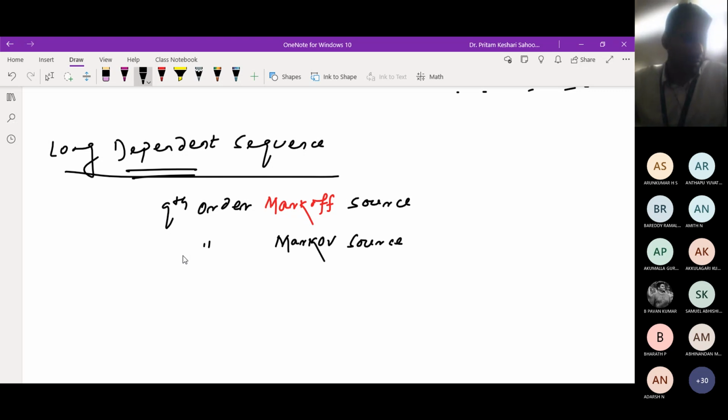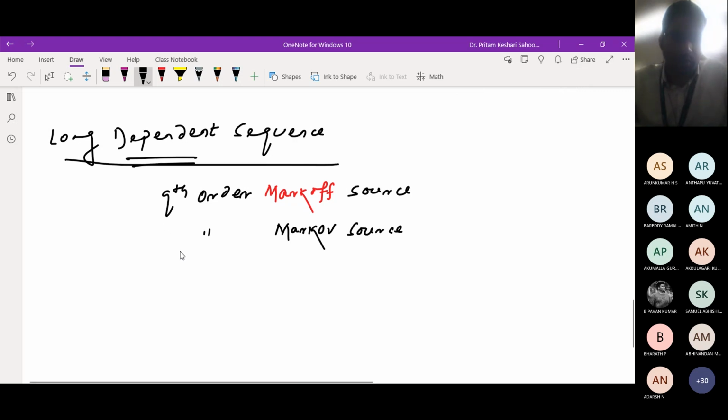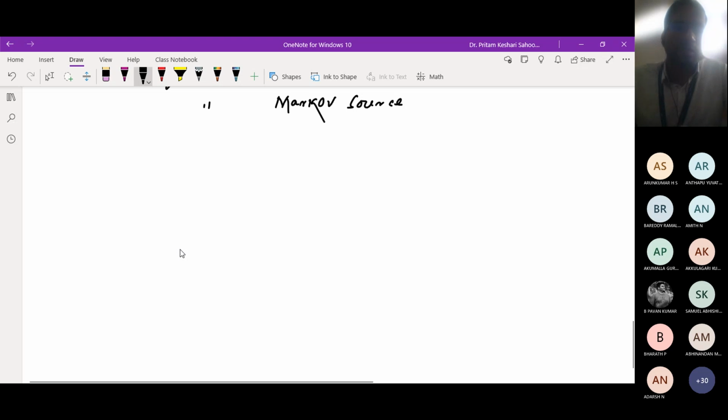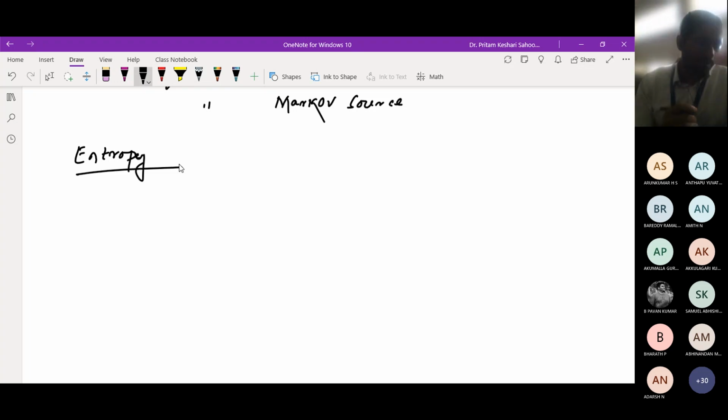Okay, so in that case, what should be the entropy of such kind of source, where the symbols are dependent? So we will see what is the entropy for that, or we'll see the average information for such kind of source.